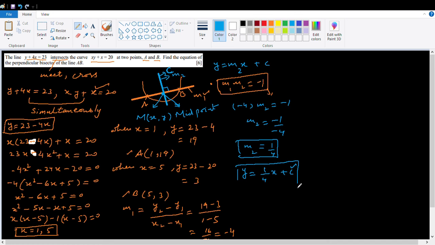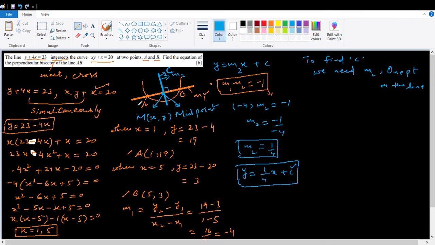To find c, if you have learned coordinate geometry before, you know we need the gradient's value, that is m2, and we need one point on the line.